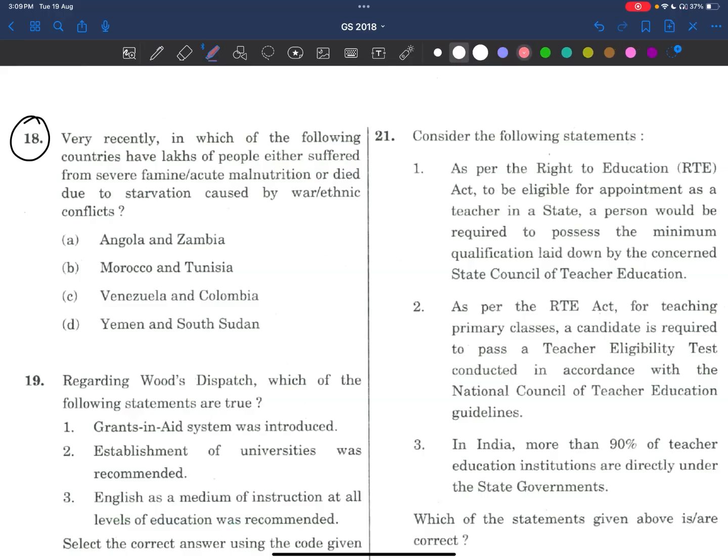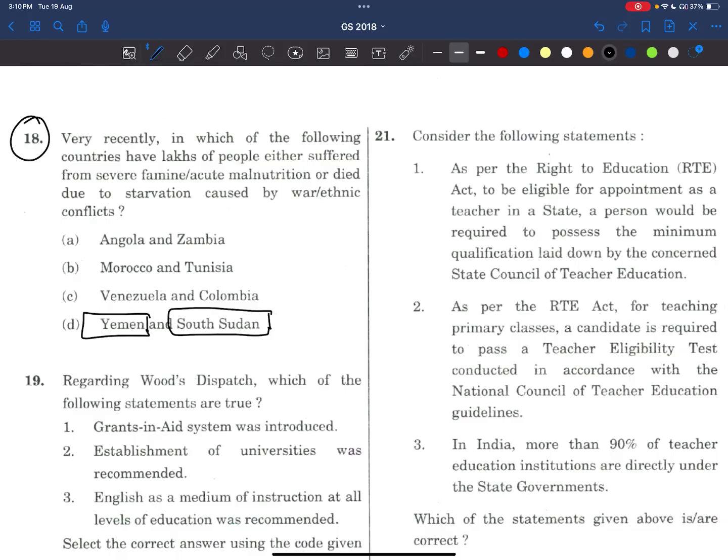See, friends, for many odd reasons, South Sudan is always in news because of their poverty, famines, ethnic conflicts, civil wars, all those things, and also Yemen. Okay, so these two, not even at that time, even now also, Yemen is facing the civil war crisis, and also South Sudan is still facing famines.